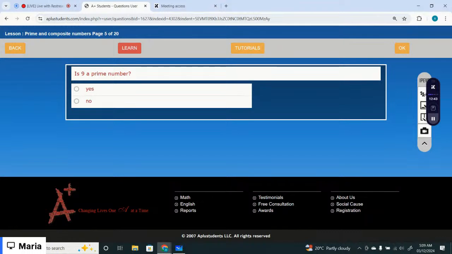Is 9 a prime number? Which is the correct option? Yes or no? The correct option is no. 9 is not a prime number. The correct option is no.